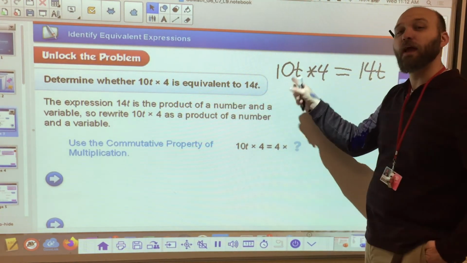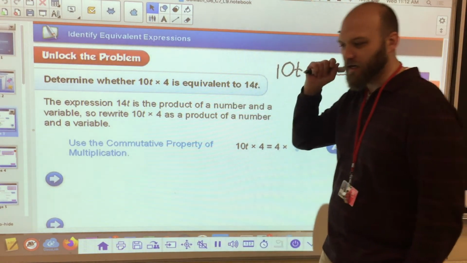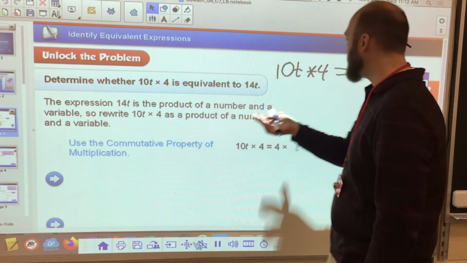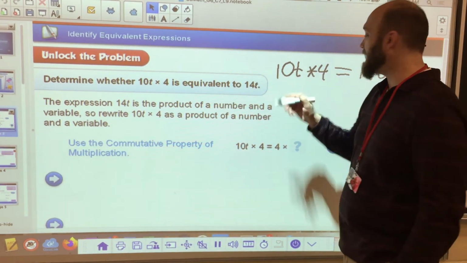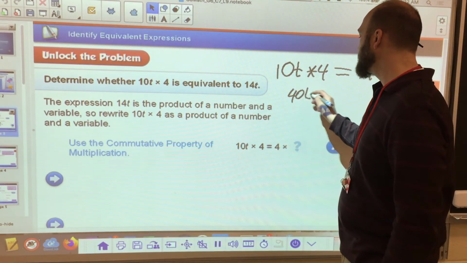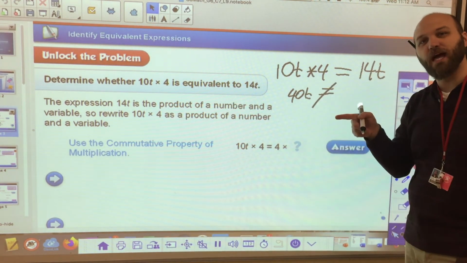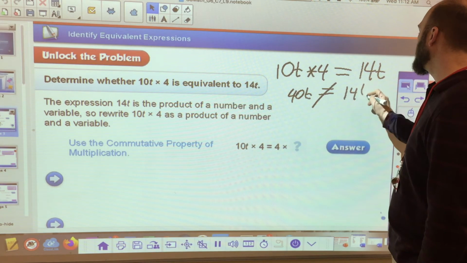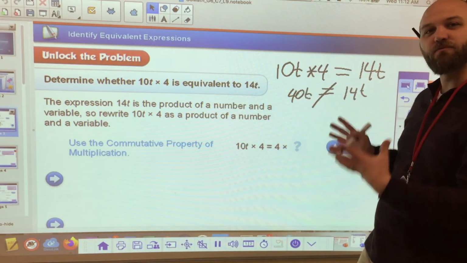But I have 10t 4 times, right? So if t is tigers, and I've got 10 tigers in one room, and I've got 4 rooms of 10 tigers, I've got 40 tigers. And that is not equal, that's the equal sign with the line through it, to 14t. So 40t is not equal to 14t, and that's how you would solve one of these.